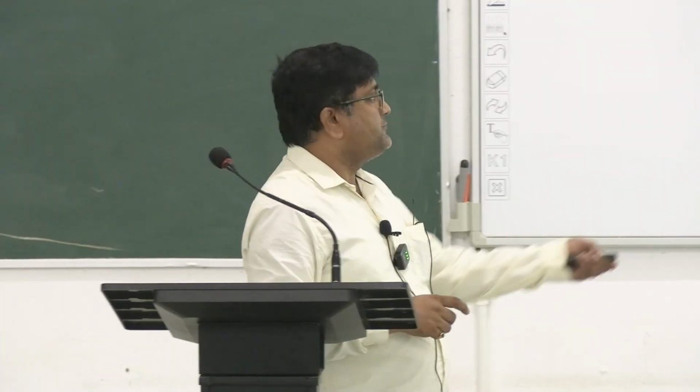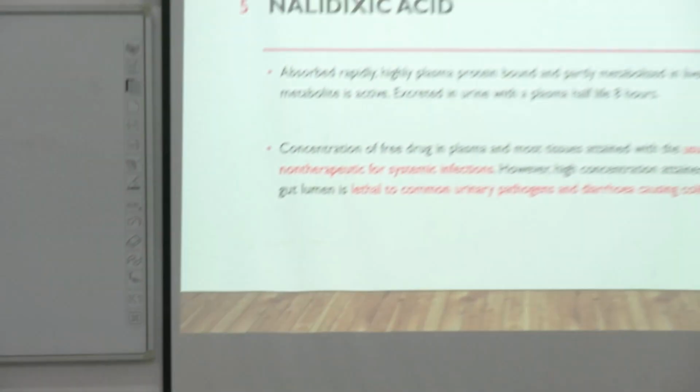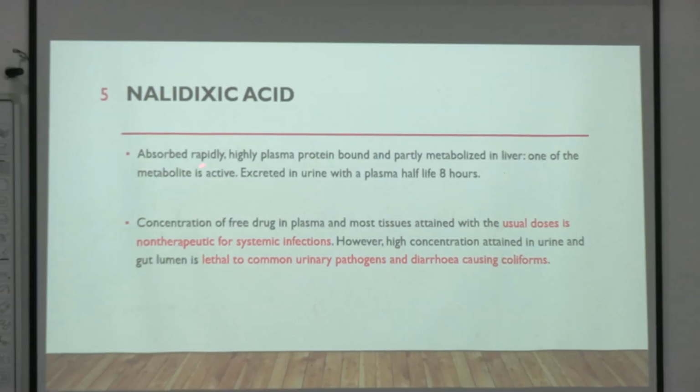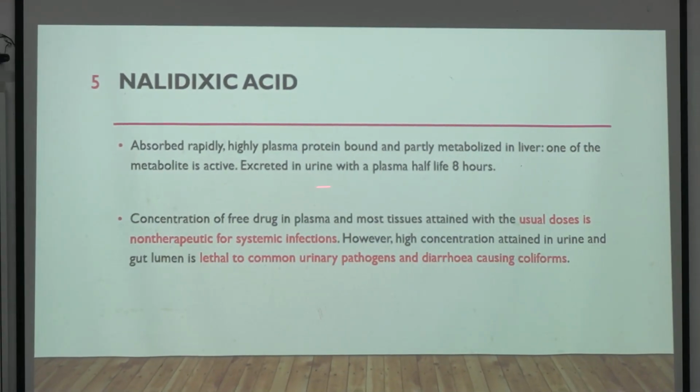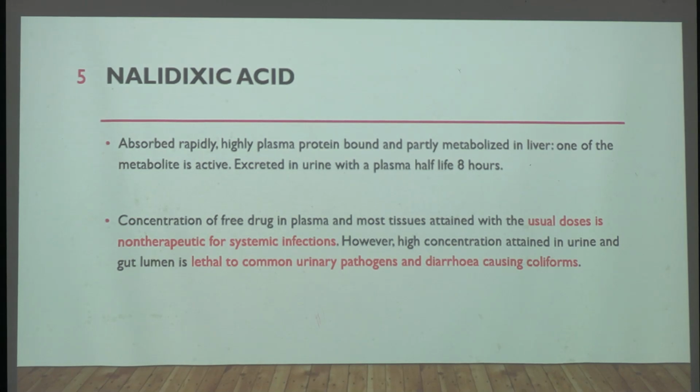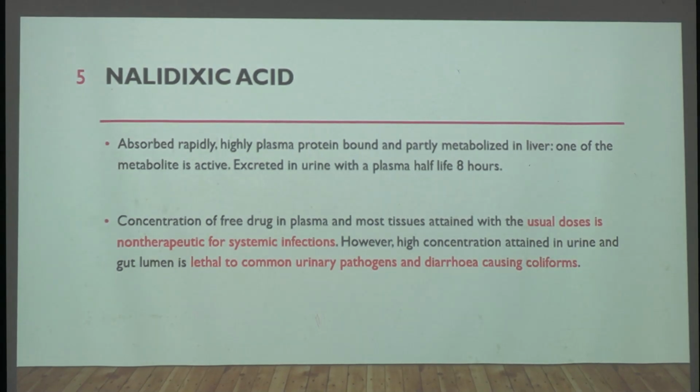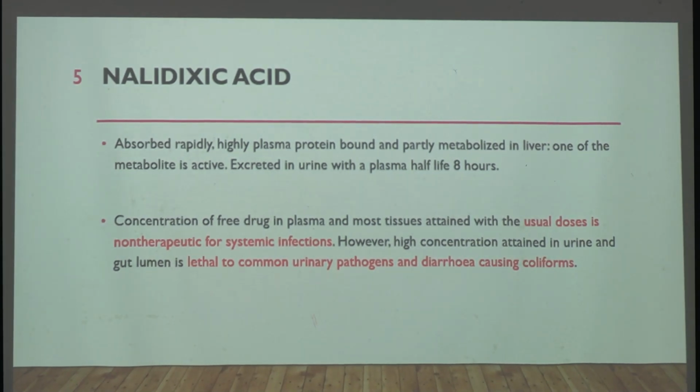Resistance to Nalidixic acid develops rapidly. Pharmacokinetics: absorbed rapidly, highly plasma protein bound, partly metabolized in the liver, and one of the metabolites is active, excreted in urine, plasma half-life 8 hours.